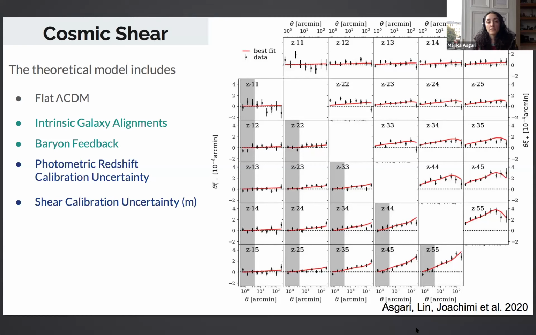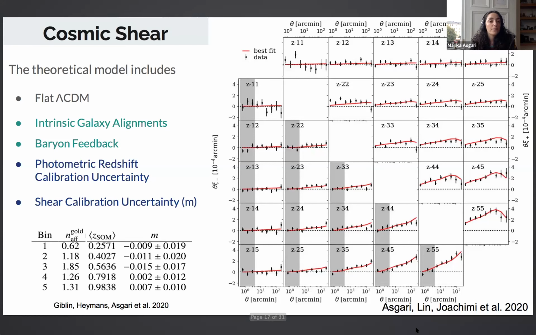Our model has different components. The first component is the cosmological part. That's the standard flat lambda CDM model, but we also include astrophysical modeling. That's the intrinsic alignments of galaxies and the effect of baryon feedback. Also, we add nuisance parameters for photometric redshifts and shear calibration uncertainties.